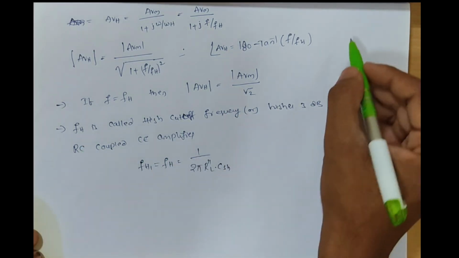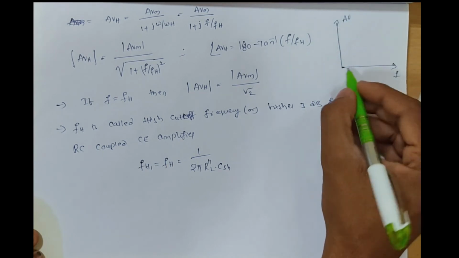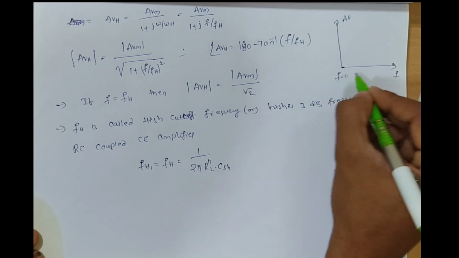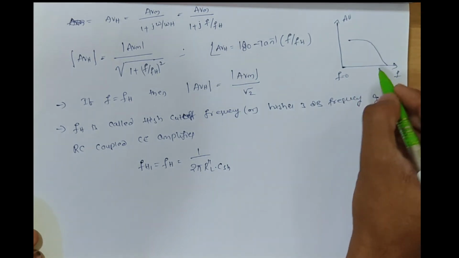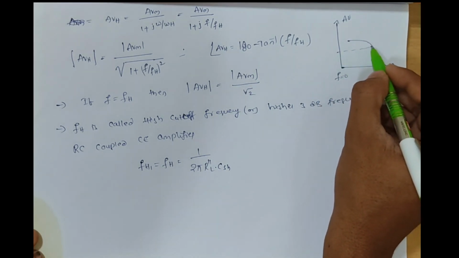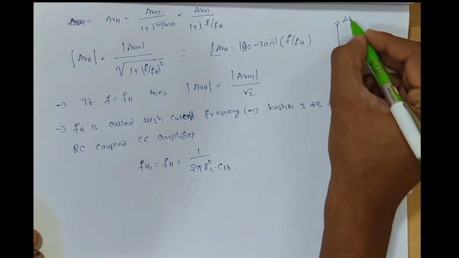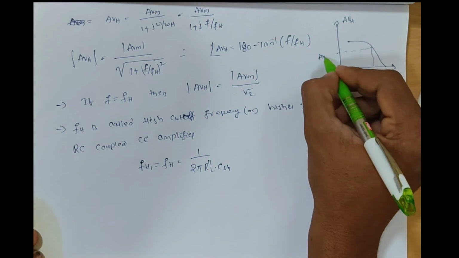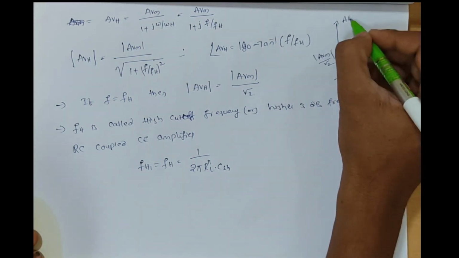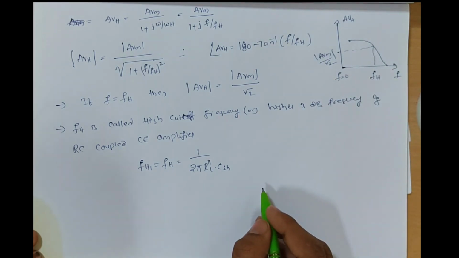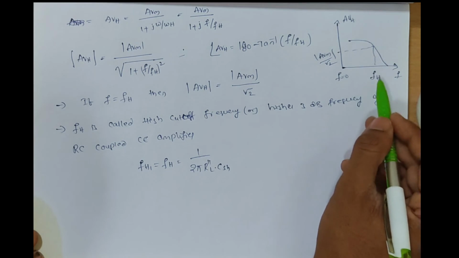So FH can be defined like this. This is f, this is AV, and at f equals 0 the voltage gain decreases as the frequency increases. So at which frequency is AVH equal to AVM by root 2? That frequency is called the upper cutoff frequency or higher 3 dB frequency.